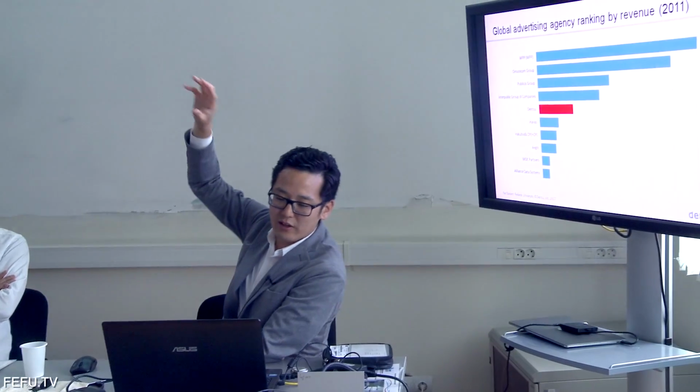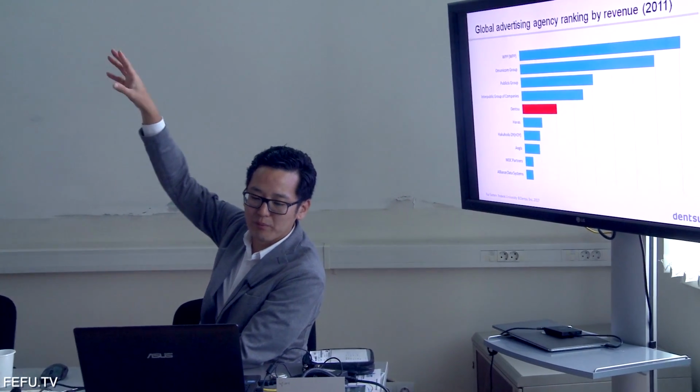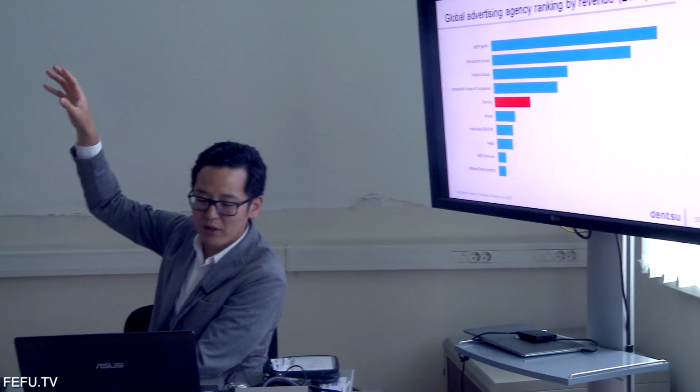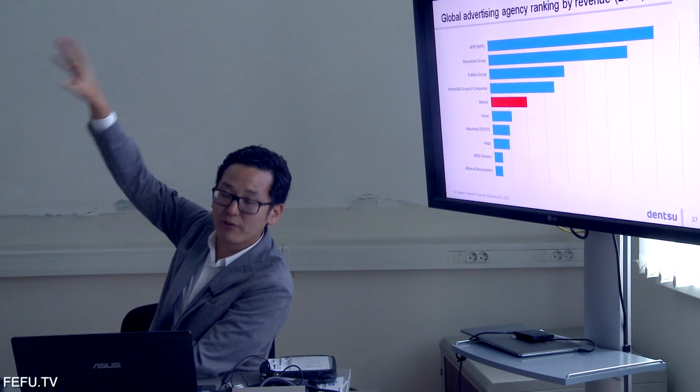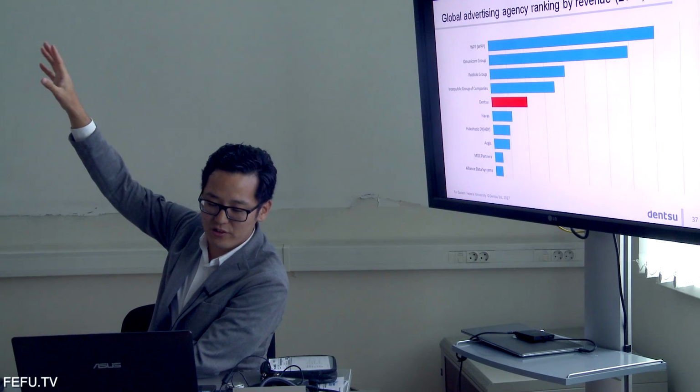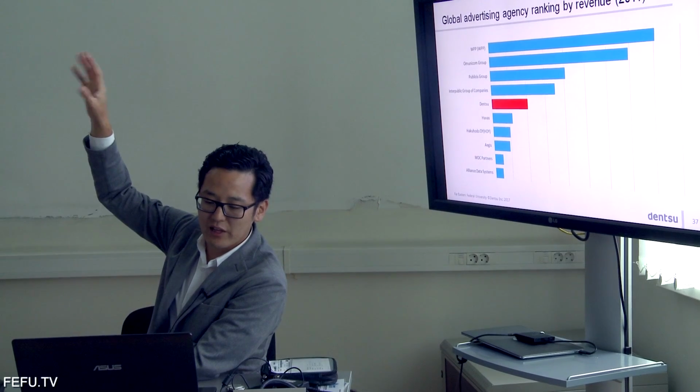And this is also expressed in the world ranking, because this is an advertising agency ranking by revenue in 2011. You recognize the top 5 are the same: WPP, Omnicom, Publicis, IPG, and Dentsu. But you see different names for number 6 onward: Havas, Hakuhodo, Aegis, MDC Partners, and ADS.